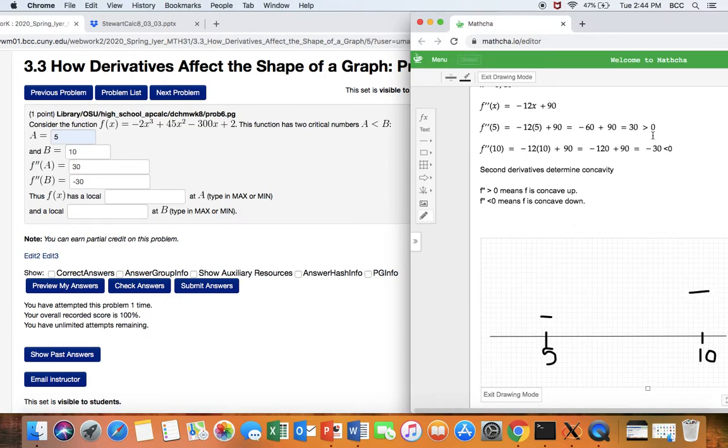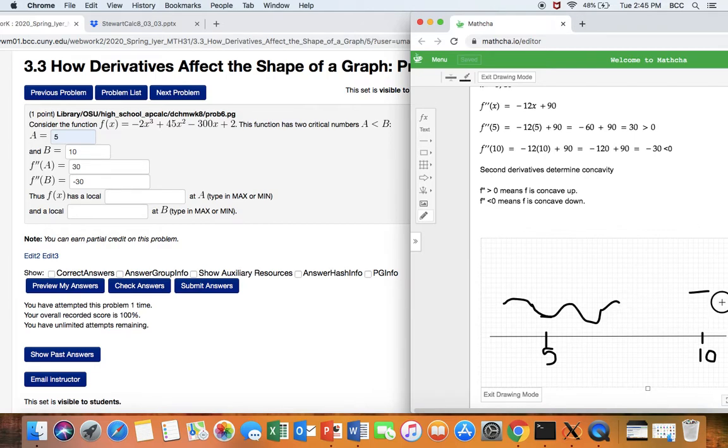At 5, you are concave up. So your curve should look like this at 5. We don't care what it does later or before, but at 5, it should look concave up. At 10, it is concave down. Negative second derivative means it's concave down.